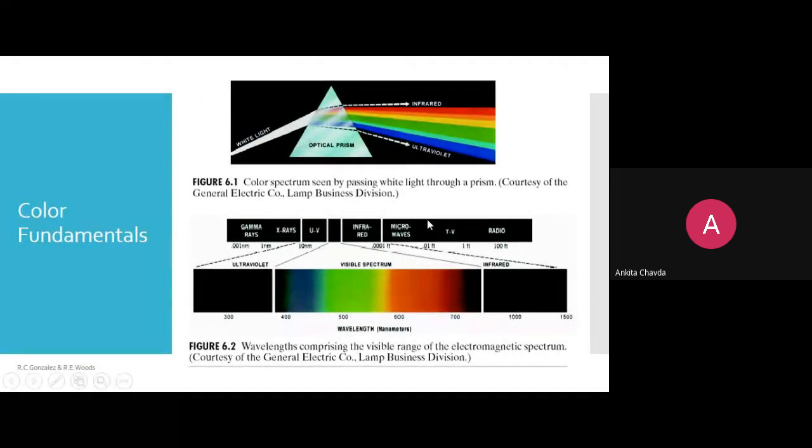In this wavelength, blue is only visible. In this wavelength, and see, from 700 we have the infrared. Yes, it is totally based on the range of wavelength. So this is what we have seen.